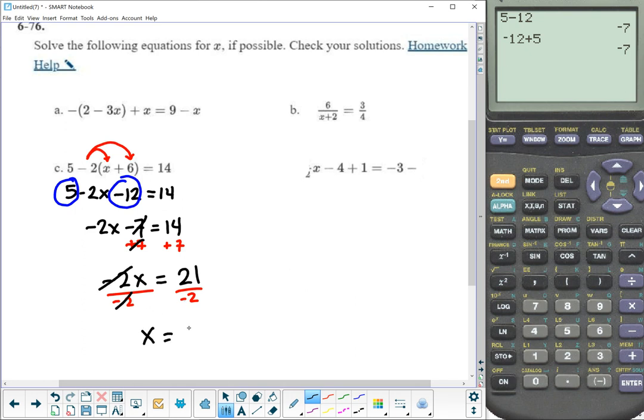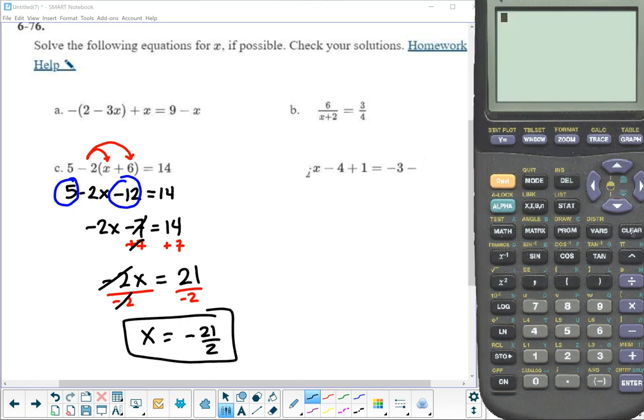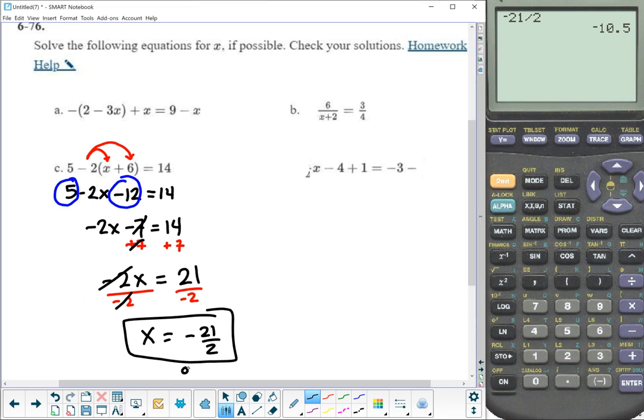And your answer is negative 21 over 2, or you can call it negative 21 halves. Okay. If you like decimals, you can write negative 21 divided by 2 as negative 10.5, if you like.